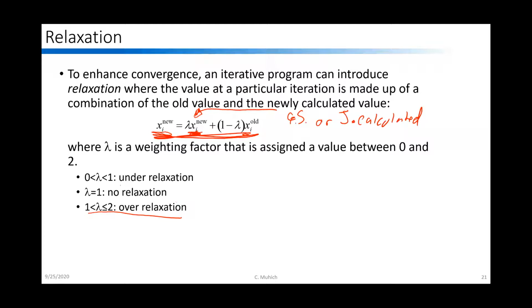And we can also do what's called under-relaxing when lambda is between 0 and 1. So essentially we're retaining a little bit more of the old value. This one we retain more of the old value.